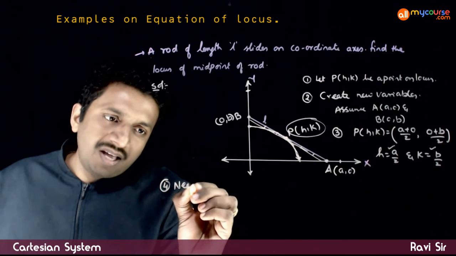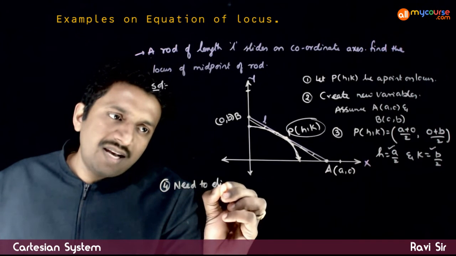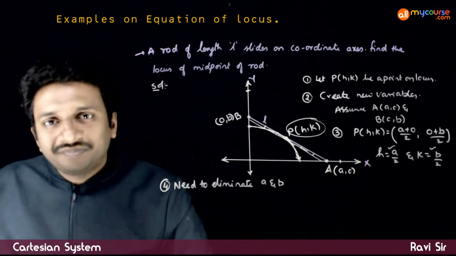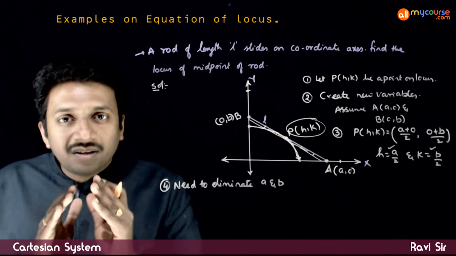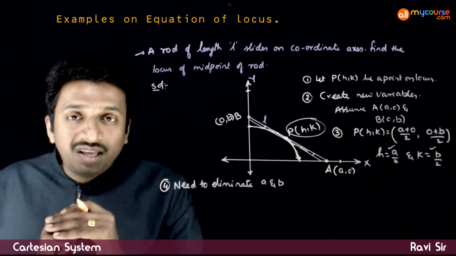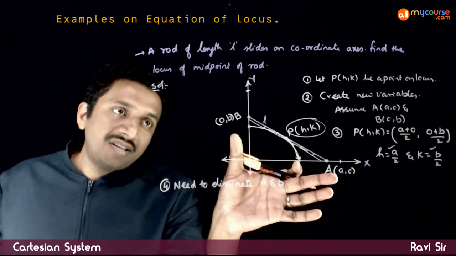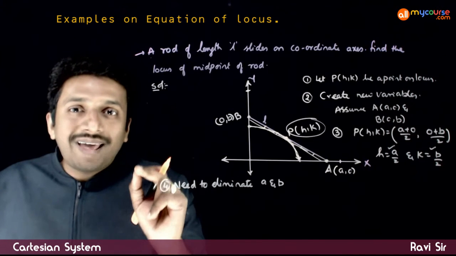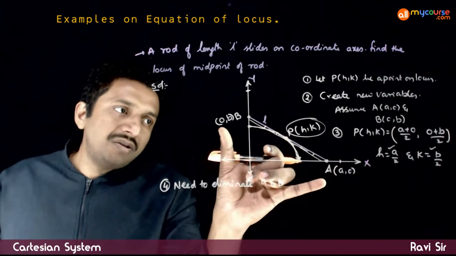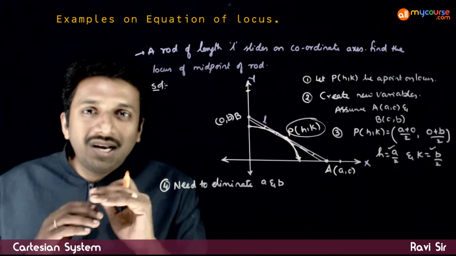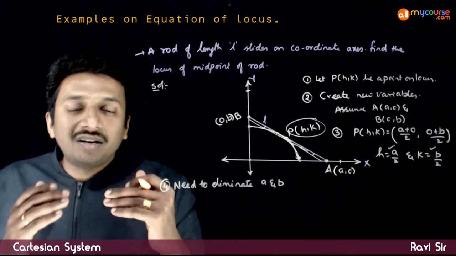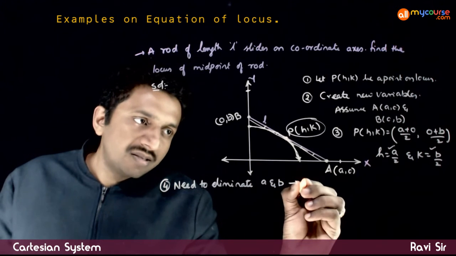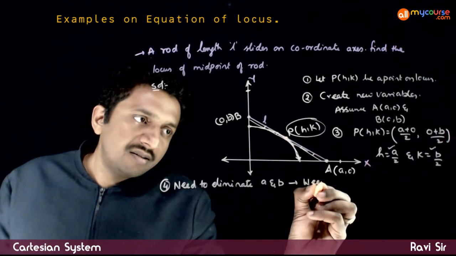So your aim is to eliminate a and b. So remember, in deriving the equation of locus, whatever the number of new variables you have introduced, you need to have one extra equation. In this question, you have introduced two new variables, so you need three equations to eliminate two variables.